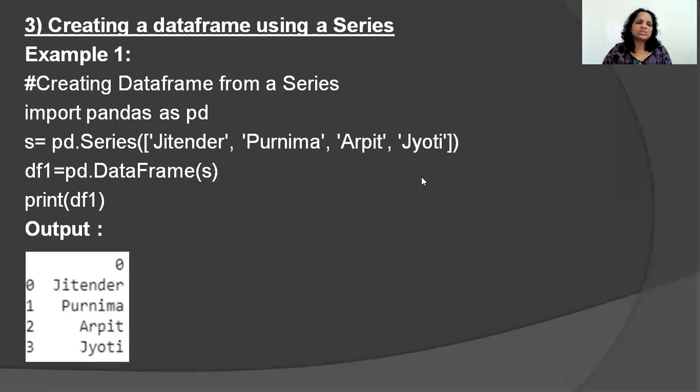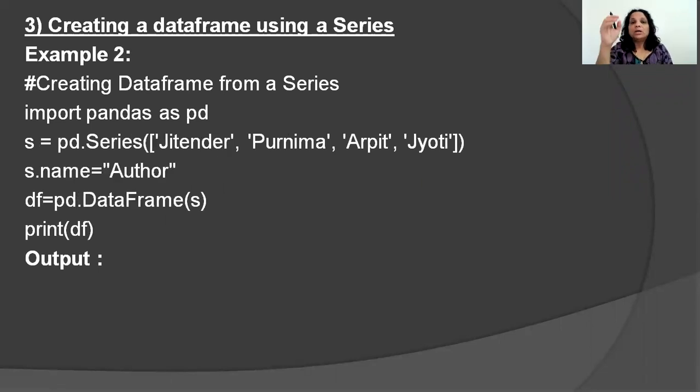The output looks just identical to how it would look in a list. Okay, now if you remember the series chapter, we had learned that there was a way of giving a name to a series, and I said the advantage of giving a name to the series you will realize when I create a data frame using a series. So let me come to this.